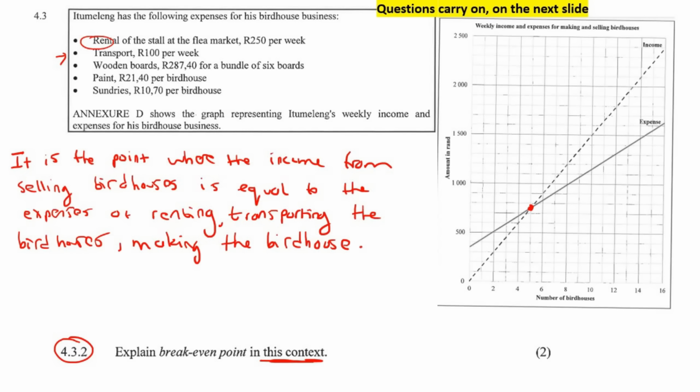So it's the point where the income from selling the birdhouses is equal to the expenses of all the renting, transporting, and making the birdhouse.